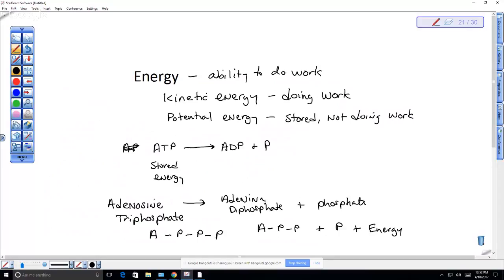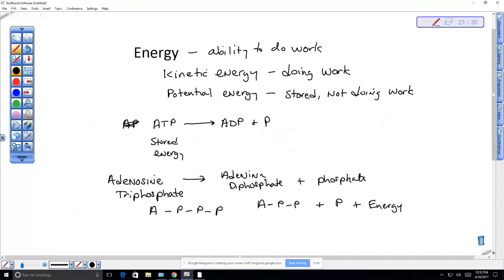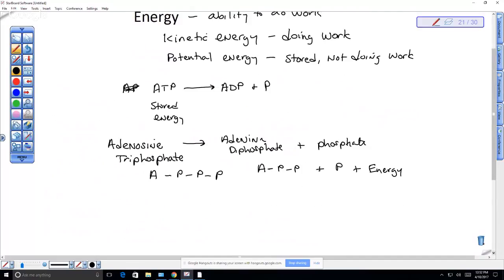Okay. So this could power molecular movements. So it could power pumping substances into the cell or out of the cell. It could also power muscular contraction, this energy. And so I would say that this is potential energy because it's stored, and we can store it in our muscles.